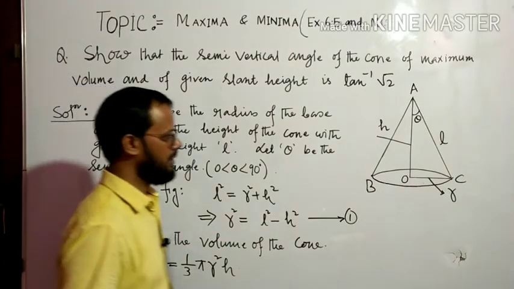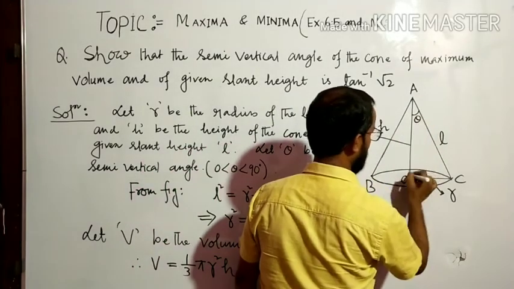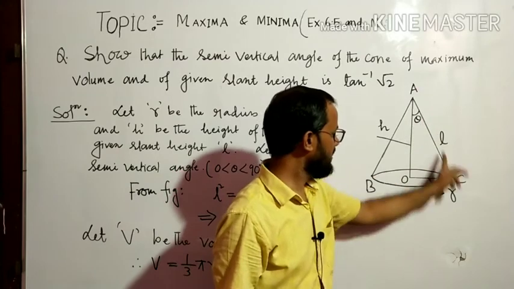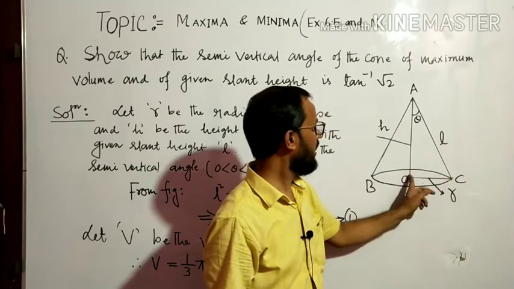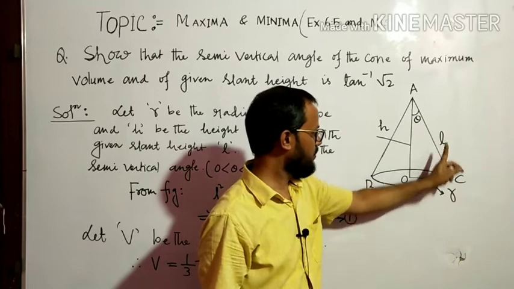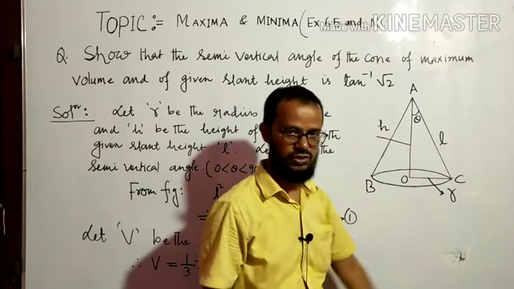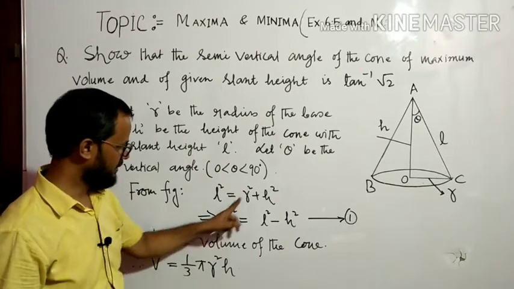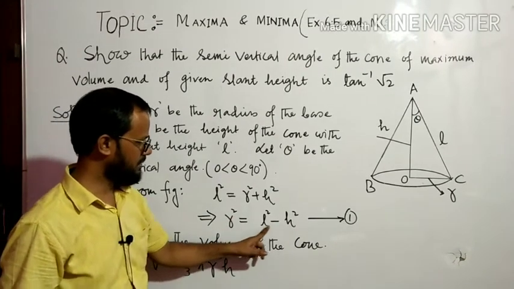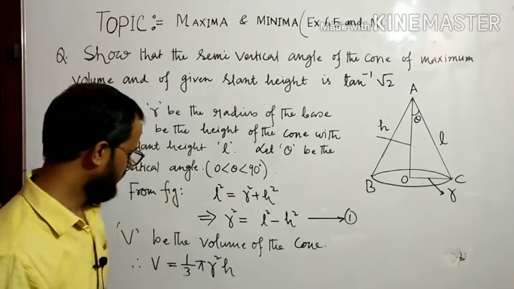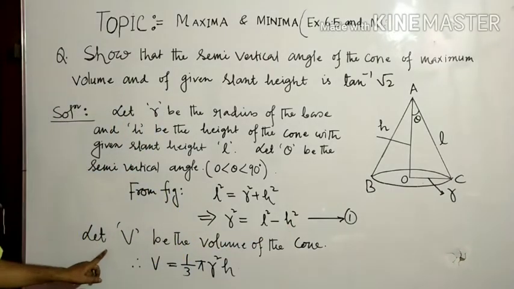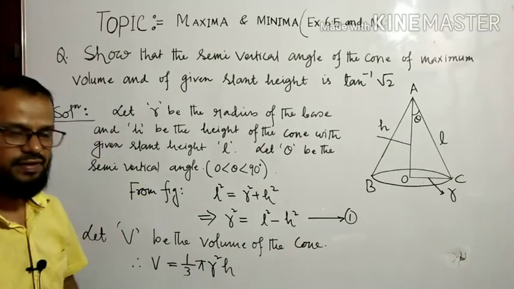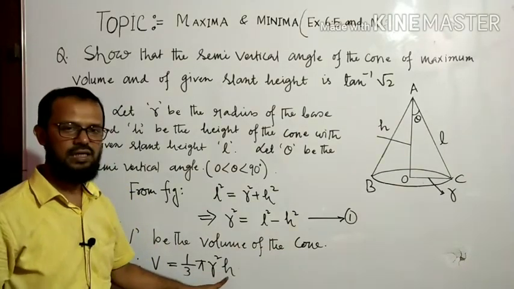From the figure, consider the right angle triangle OCA. From here AC square equals OC square plus OA square. That means L square equals r square plus h square, Pythagoras law. From here, r square is equal to L square minus h square. Suppose V is the volume of the cone, and we know the volume of a cone is 1 by 3 pi r square h.